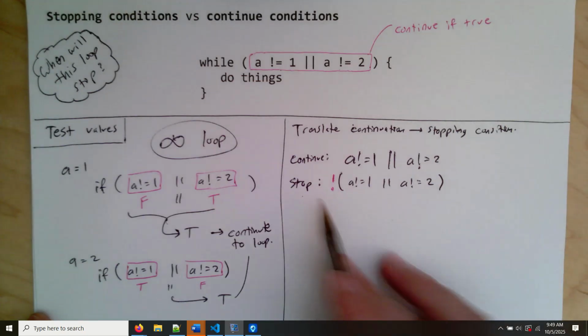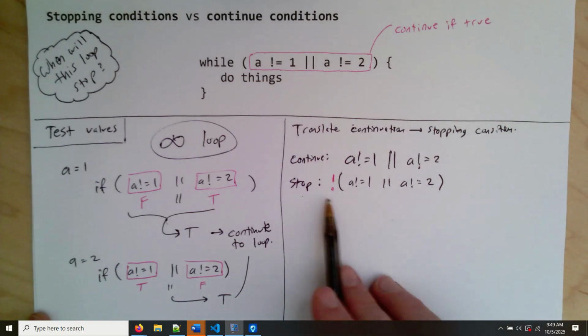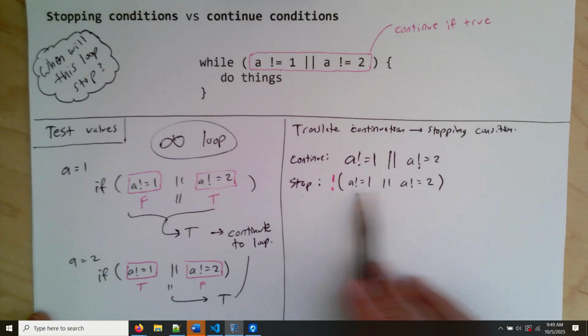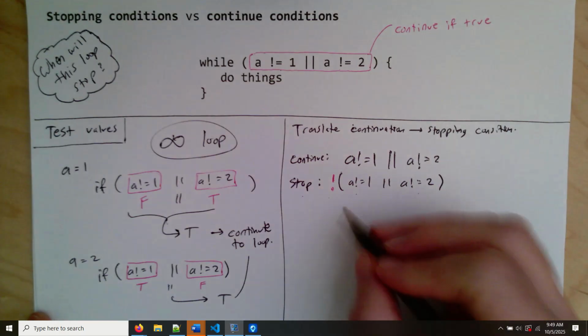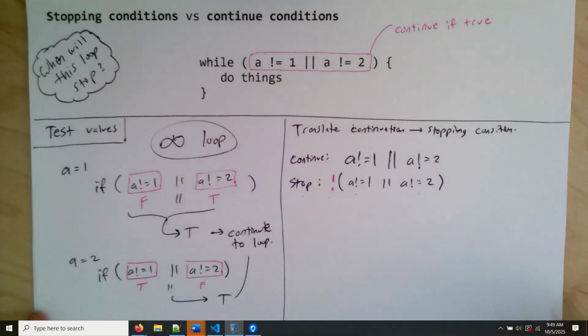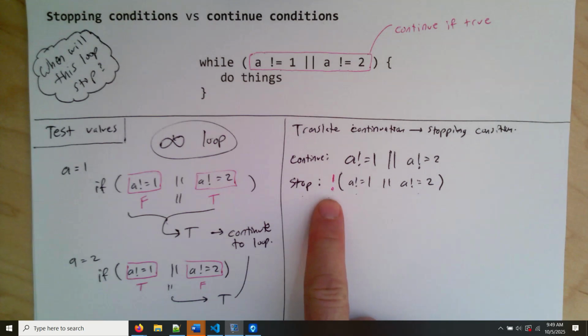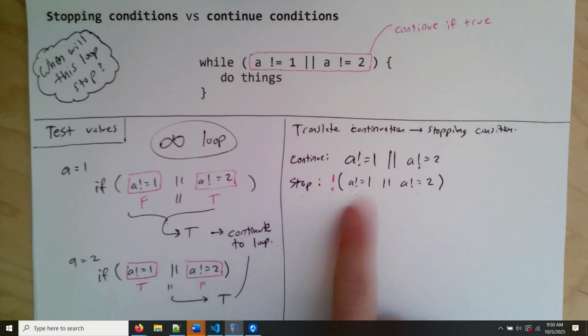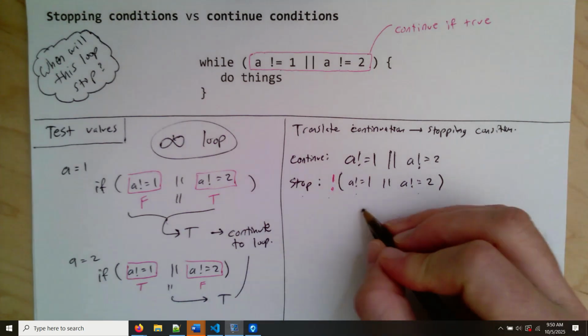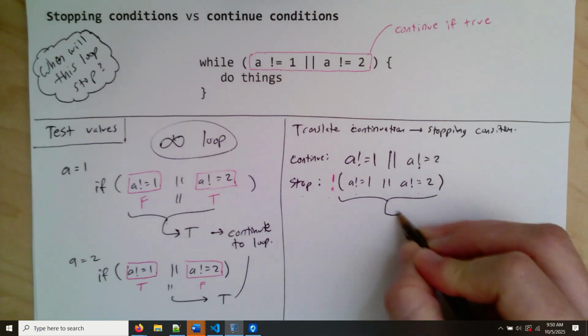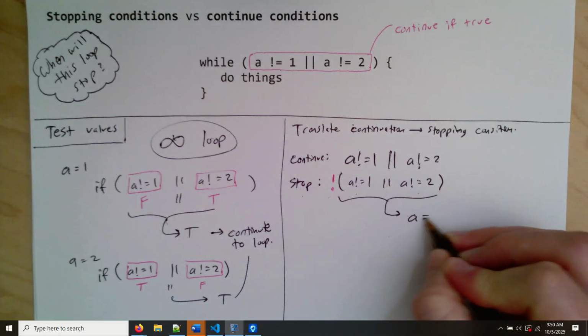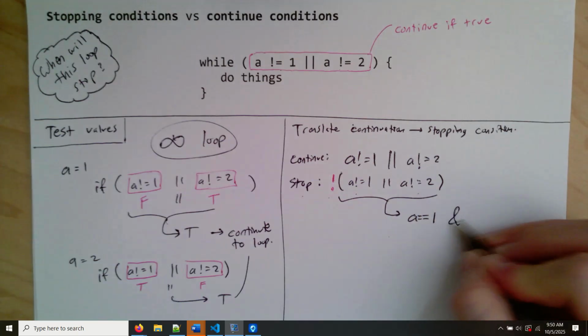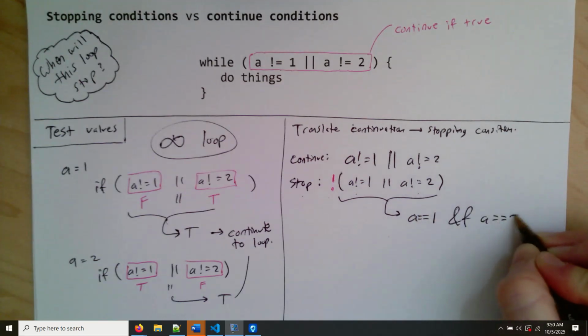Okay, but how do we think about the stopping condition? This says it's not true that a isn't 1 or a isn't 2. So this is where De Morgan's law comes in. You can simplify this expression by distributing the not symbol in. And so we know that that should be equivalent to a equals 1 and a equals 2.